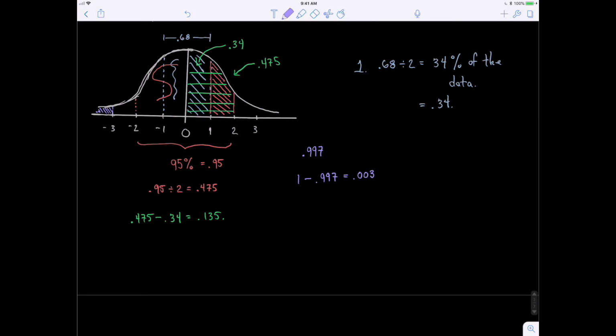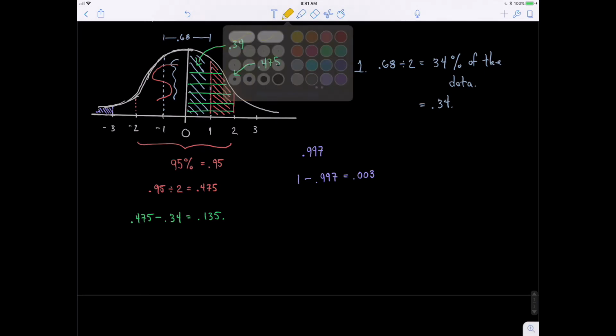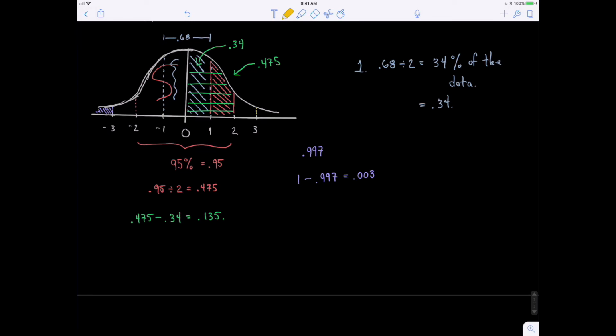Now, wait a minute. That would mean that the 0.003 would also include this yellow tail. Now, the property that it's symmetrical says this yellow tail is exactly the same as the purple tail.